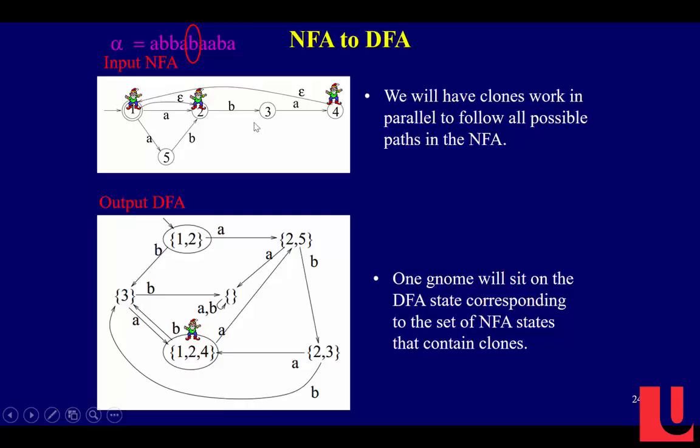It's all back to the alpha state, right? Or the M, remember the M of a state is the set of strings that have a path to that state. And so given a string, we can have a gnome on all the states that there's a path to for that string, right?